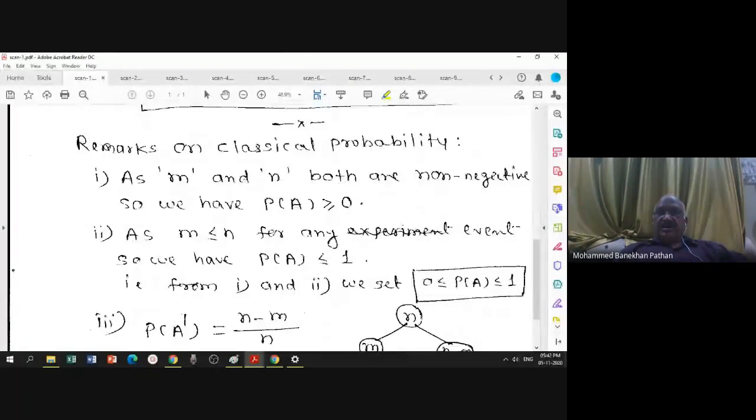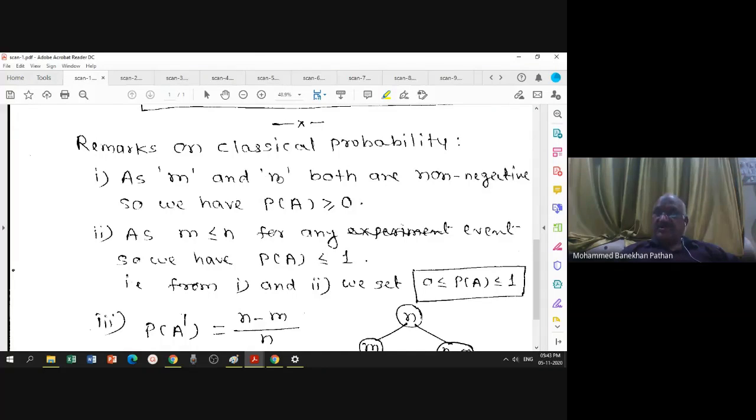Remarks. In my definition, small m and small n both are non-negative numbers. And that is why chance of getting any event always non-negative. How I put 0 here? There is a possibility sometime outcome is not favor to the event. So m may be 0. But can n be 0?